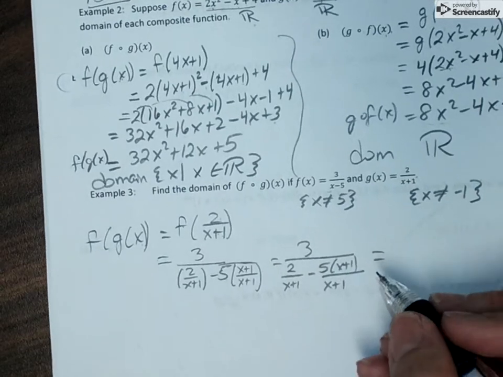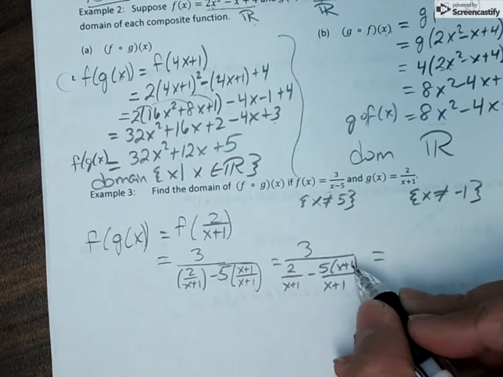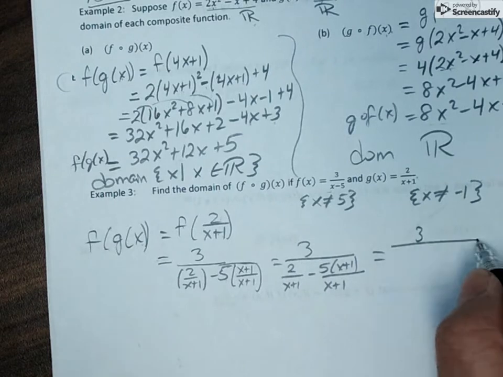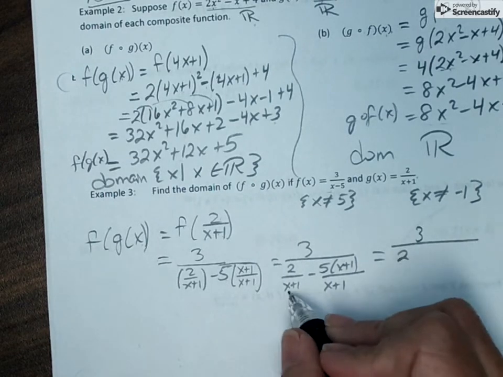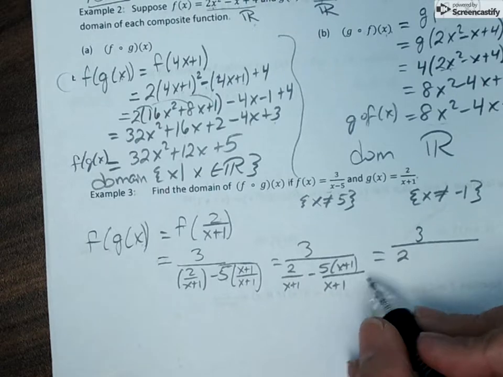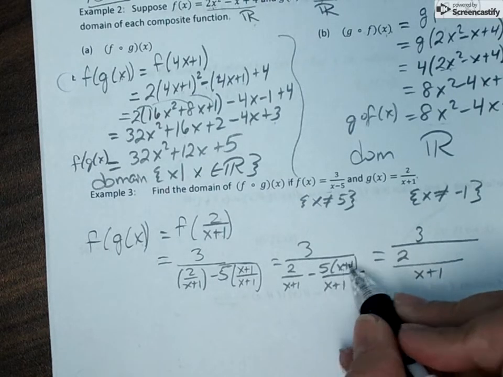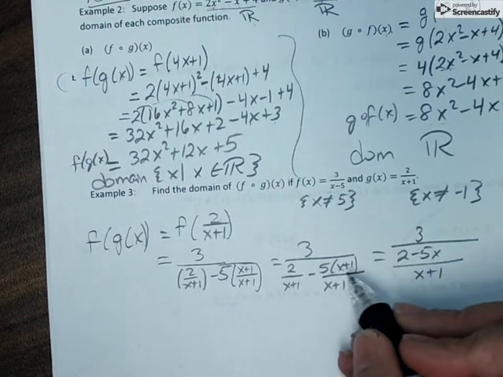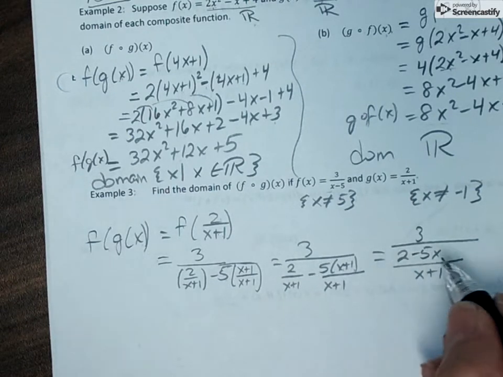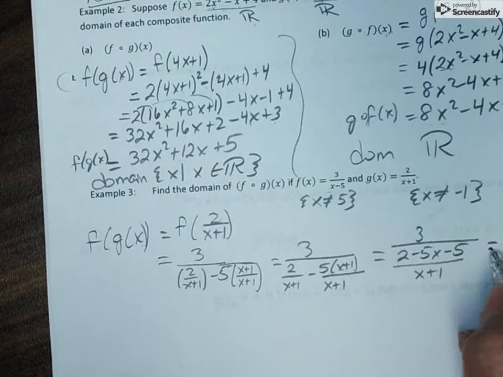Okay, we're getting closer here. Let's distribute that -5 to both things inside. So I now have 2, and we don't change the denominators when we're subtracting, so that's all going to be over x plus 1. So -5 times x is -5x. -5 times 1 is a -5.